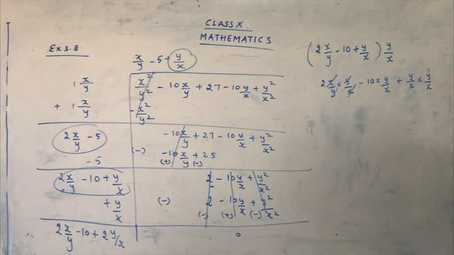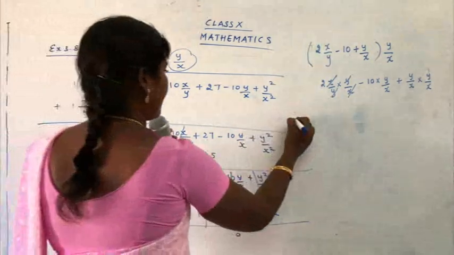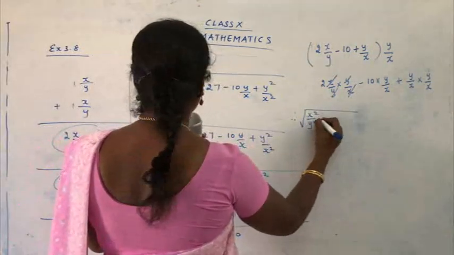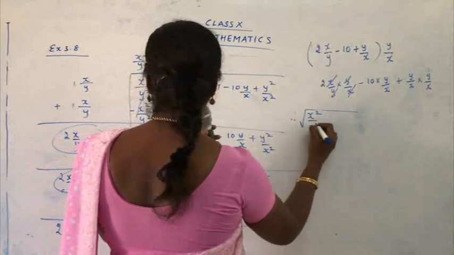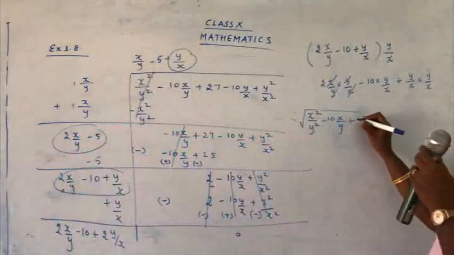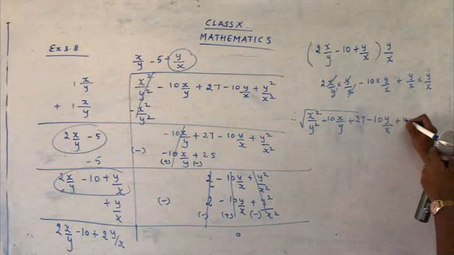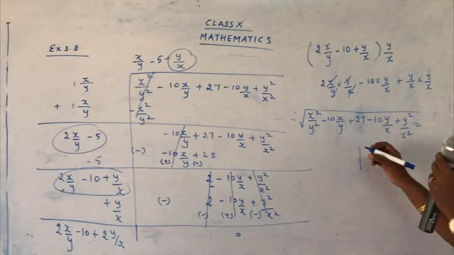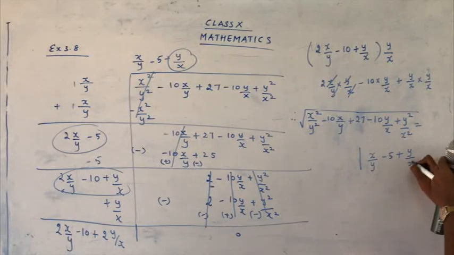Okay, so let's write the final statement. Therefore, square root of x square upon y square minus 10x upon y plus 27 minus 10y upon x plus y square upon x square is equal to mod of x upon y minus 5 plus y upon x.